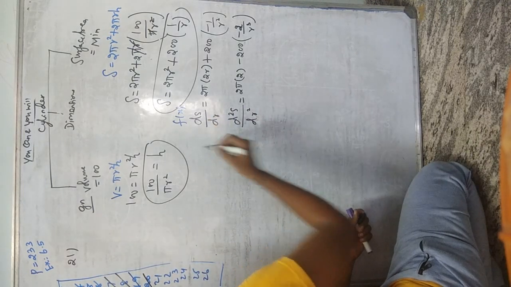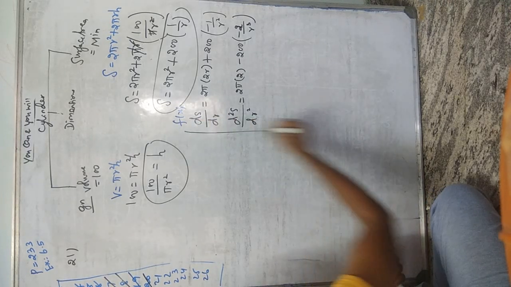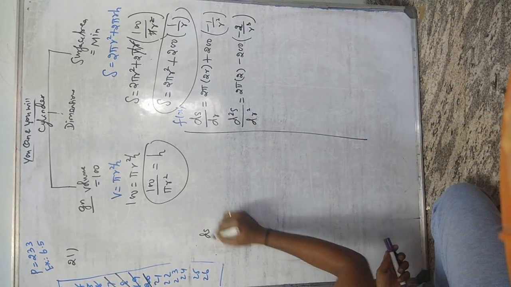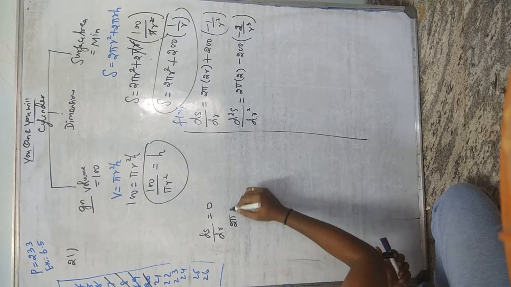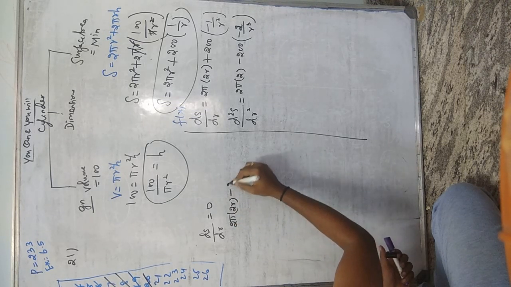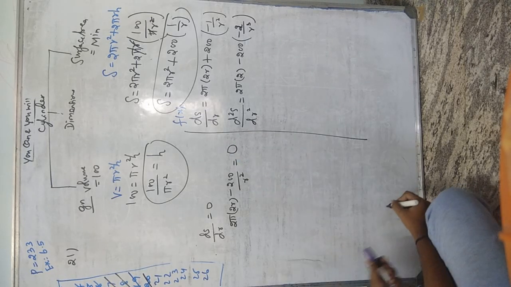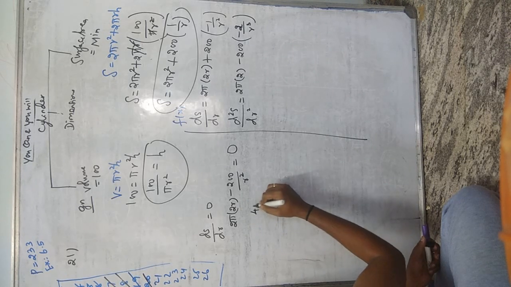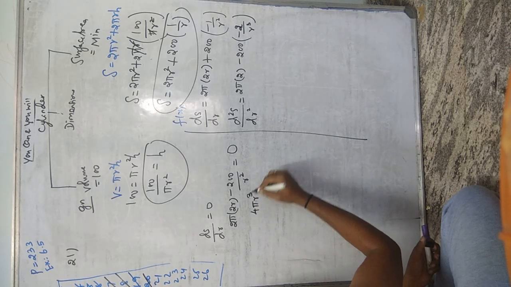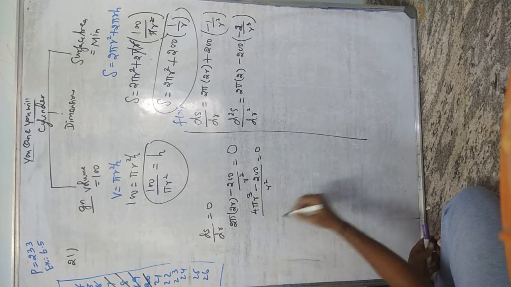So what is our algorithm? Differentiate once and put it equal to 0, right? So ds upon dr, I have to put equal to 0. So 2π·2r minus 200 upon r² equal to 0. Now normally taking the LCM, you get 4πr³ minus 200 upon r² equal to 0.